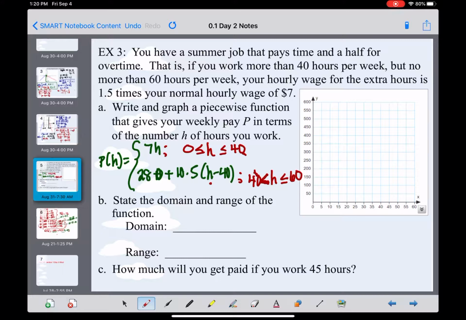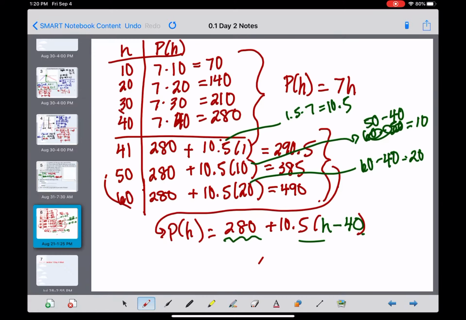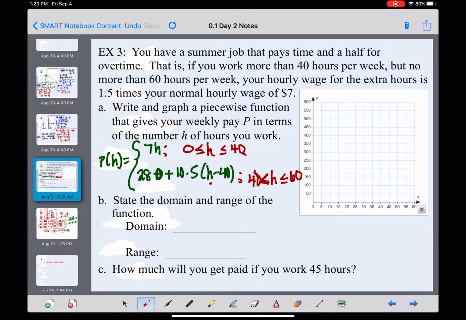With that table on the second page, I'm going to graph so you can see what it looks like. Down here is my H, the hours, and over here is my pay. If I work 0 hours, I get $0. That's how it works, people.